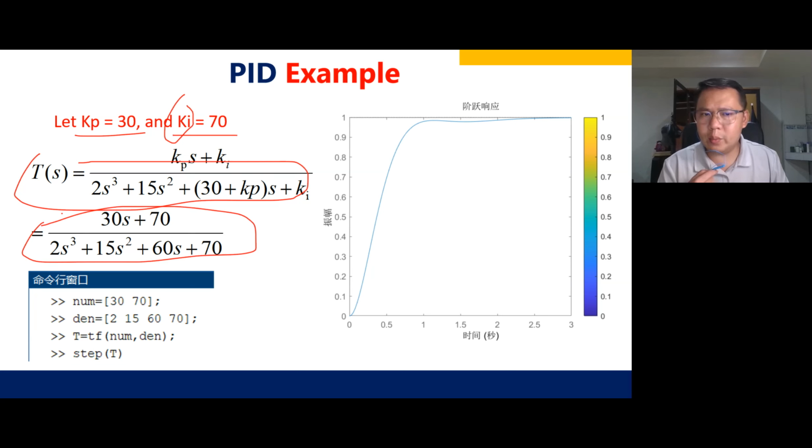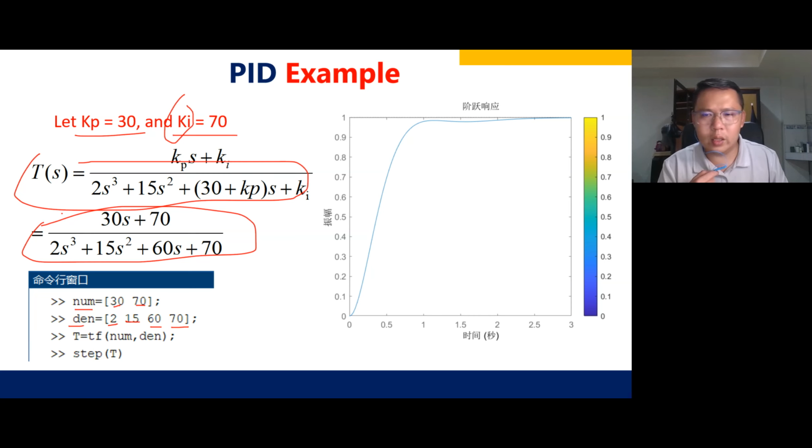We can use MATLAB to calculate. Input num equal to 30 and 70, den equal to 2, 15, 60 and 70.